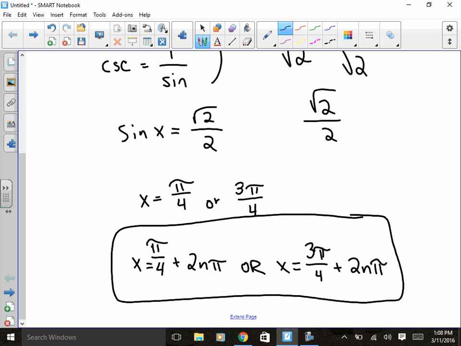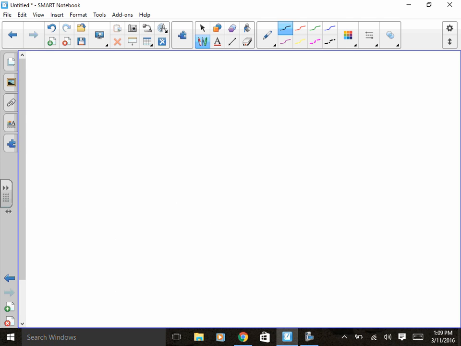Okay, so that was just your basic algebraic problem. Even though it looks tricky, it's really not that bad. This next method, you're still solving it just like you would any other type of problem. It just looks a little bit more challenging. 2 equals 4 cosine squared x plus 1. This time we have our cosine squared, so we need to get that by itself.